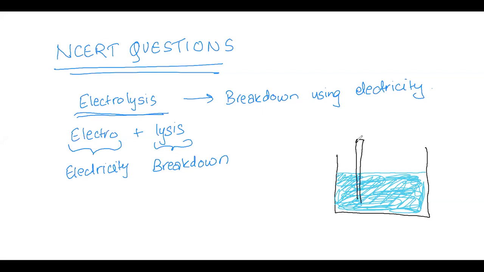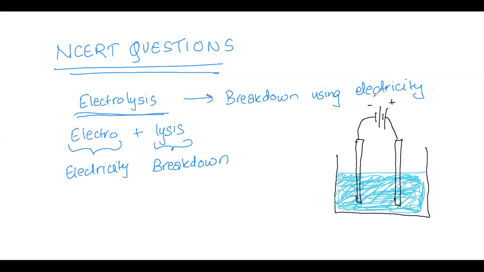Let this be the first rod. Let this be the second rod. Okay, so one is known as the anode and the other is known as cathode. Now to give you an idea about which one is anode and which one is cathode, so these are the two rods, and what we do is we connect a battery like this. So this is the positive terminal of the battery and this is the negative terminal of the battery.